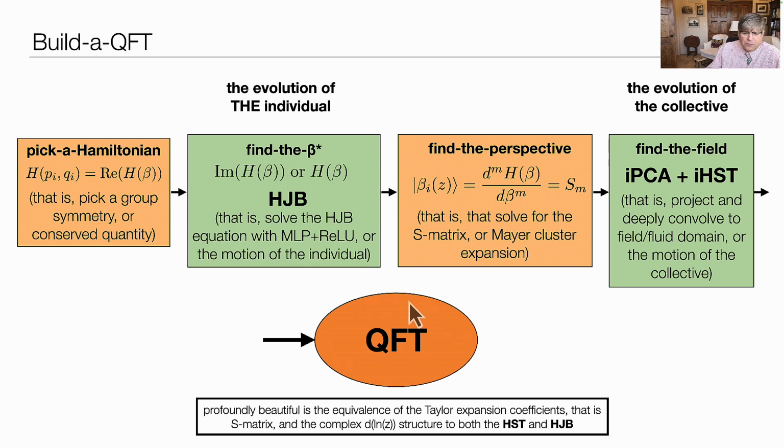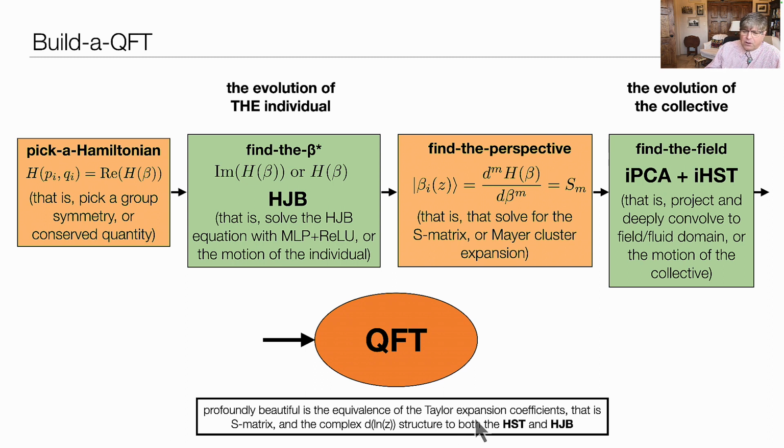What I really found beautiful is the equivalence of the Taylor expansion of the matrix associated with the one particle motion, or the solution of the Hamilton-Jacobi equation, and the equivalence to the mathematical structure of the way that the Heisenberg Scattering Transformation is constructed.